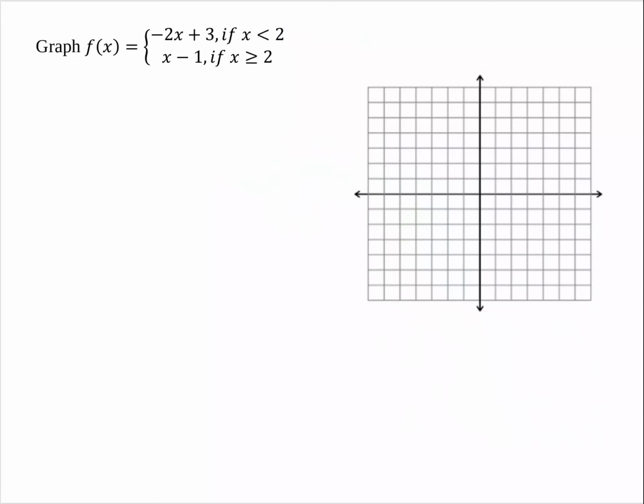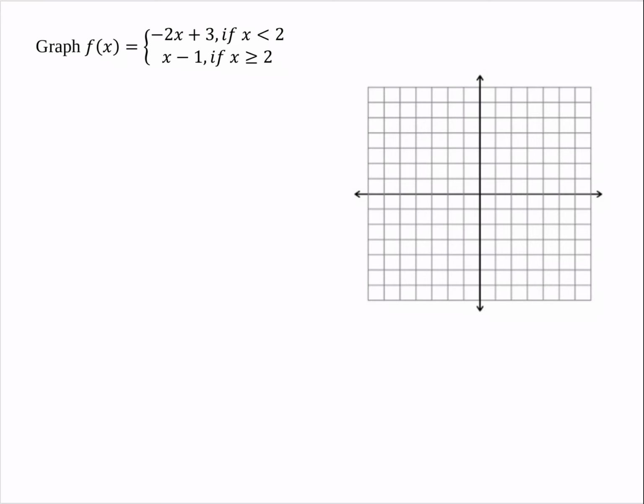So let's take a look at this one now. We have f of x equals the top piece, negative 2x plus 3, and the bottom piece, x minus 1. And notice the condition. We're going to be broken at x when x is 2, okay? So the first thing you do is graph the top piece, f of x equals negative 2x plus 3.